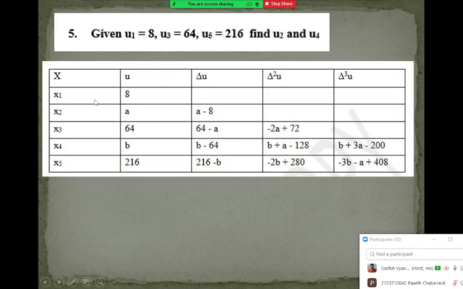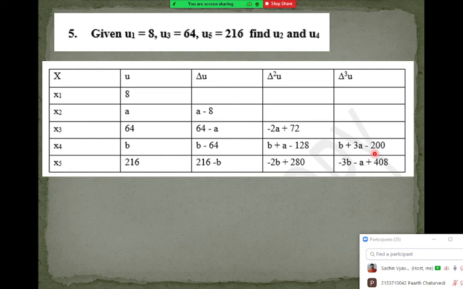So here is the table first. Values of x and u are written, x1 to x5. Out of that, u2 and u4 are assumed as constants, a and b. Got it? This is a and this is b, which are the missing values. Then forward differences are calculated, and we came up to third differences.